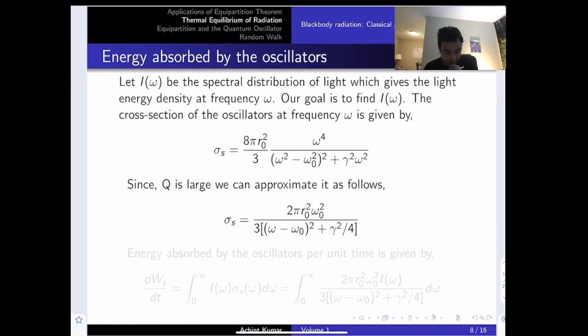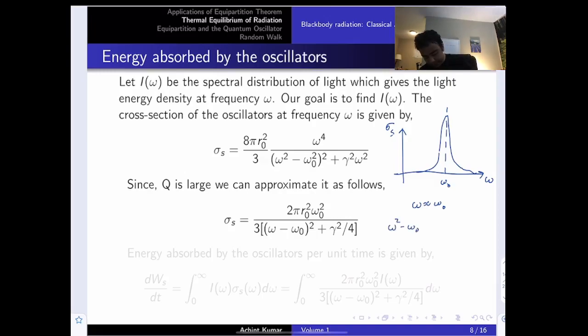Okay, since Q is large, we can approximate it as follows. Because Q is large, sigma of the cross section looks like this. If on the y-axis is sigma of omega, and the x-axis is omega, it looks like this. This part is omega naught. So we can replace omega with omega naught in the numerator and also in the denominator.